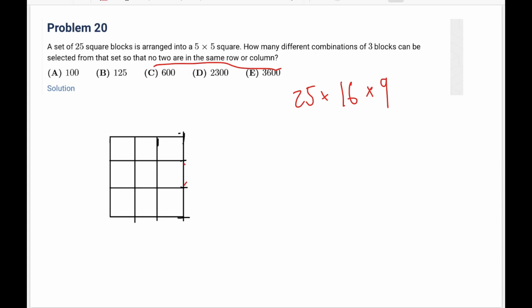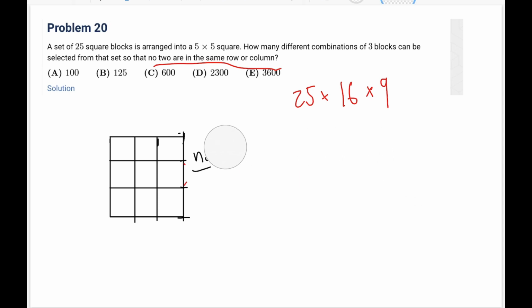You can pick... so for this situation we have been considering the order, but then this one just said the combinations, not the permutations, so we have to make this into a not-considering-order.